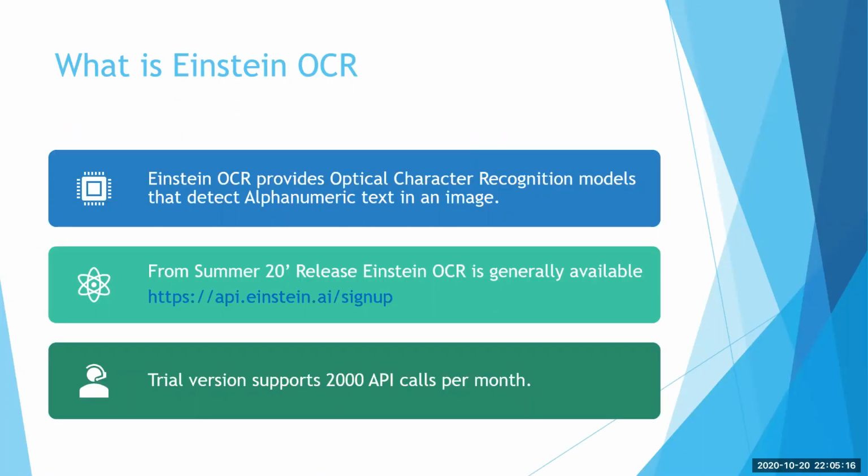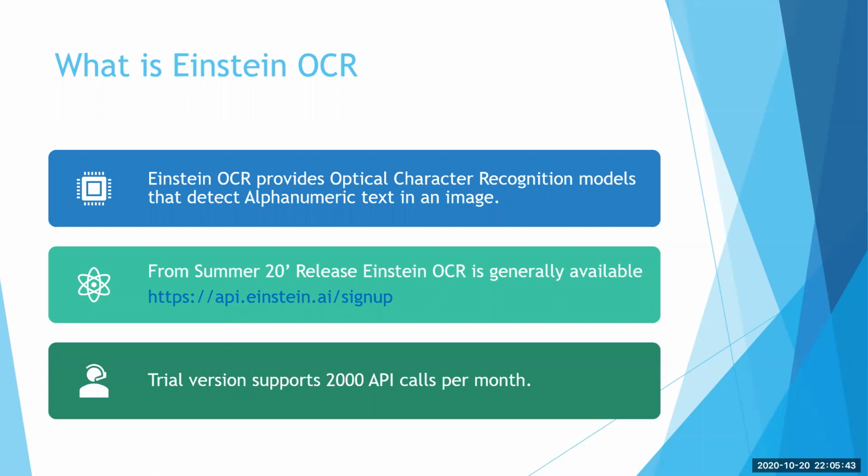Coming to the topic, today's topic is about Einstein OCR. OCR means optical character recognition. Einstein OCR provides OCR models to detect alphanumeric text in an image. From the Summer '20 release, Einstein OCR is generally available. If you want to use this API, you can sign up at api.einstein.ai/signup.